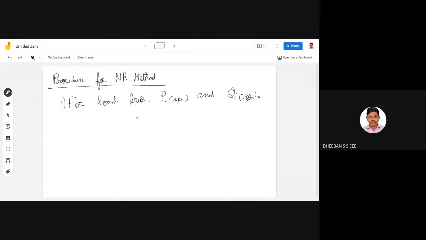So your voltage magnitude and phase angles will be set equal to your slack bus value. So this is what we'll be doing in your Gauss Seidel also.